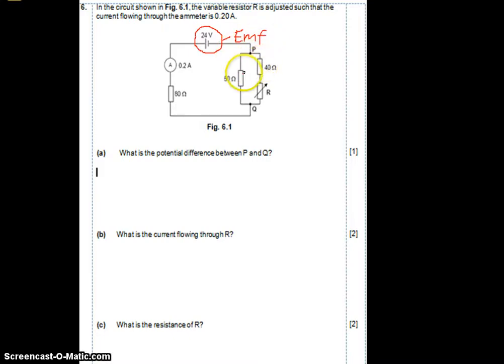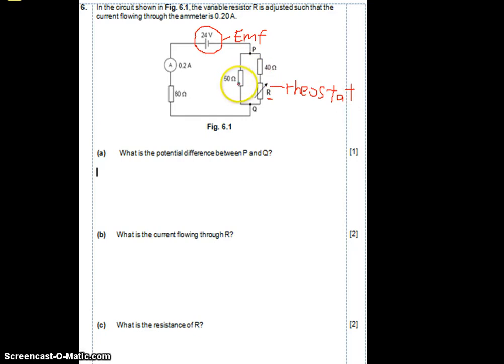And over here we have got a combination of fixed resistors, the 40 ohm resistor, 50 ohm resistor, as well as a variable resistor R. The variable resistor R is also sometimes called a rheostat. Essentially, for a rheostat you can adjust the resistance, whereas for the fixed resistors you cannot adjust.